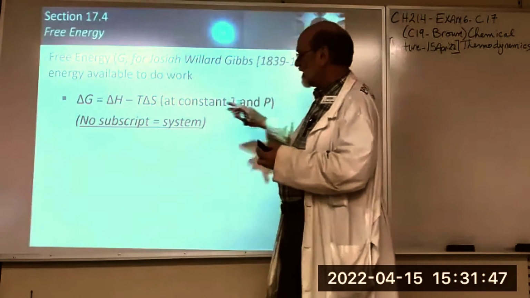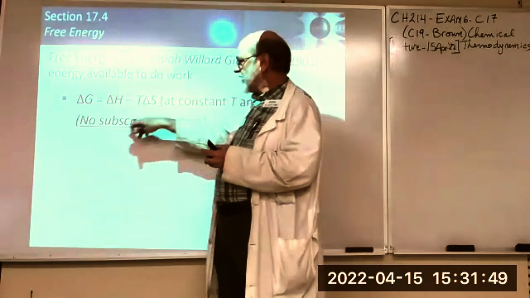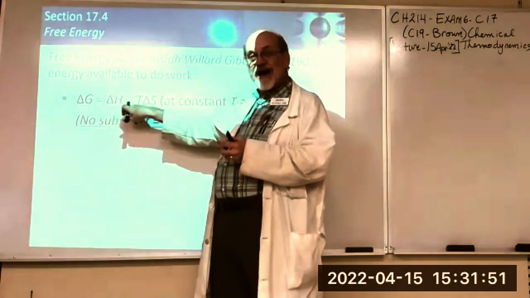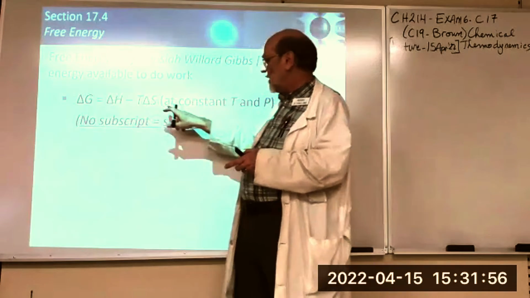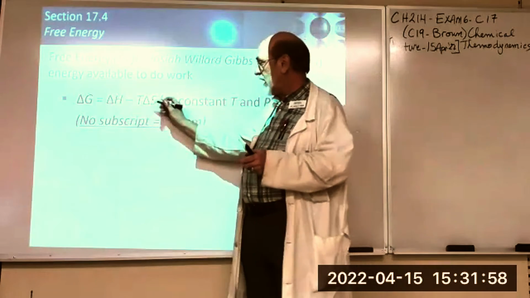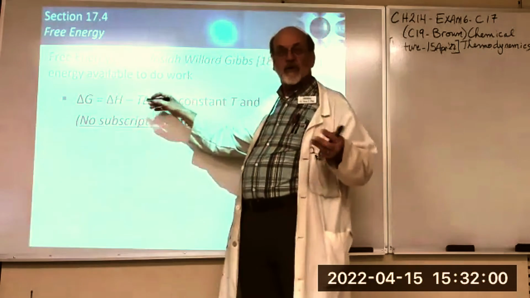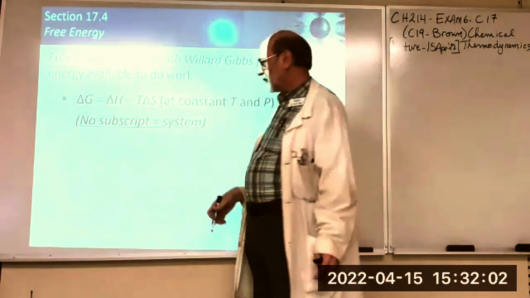So what we're saying in this equation is that the Gibbs free energy is equal to enthalpy minus the temperature times entropy. And the temperature is held constant, right? Notice it has no delta in front of it. So the temperature is constant.